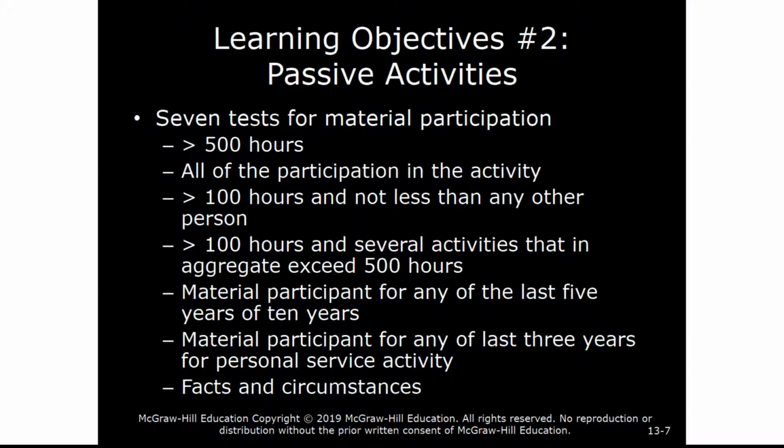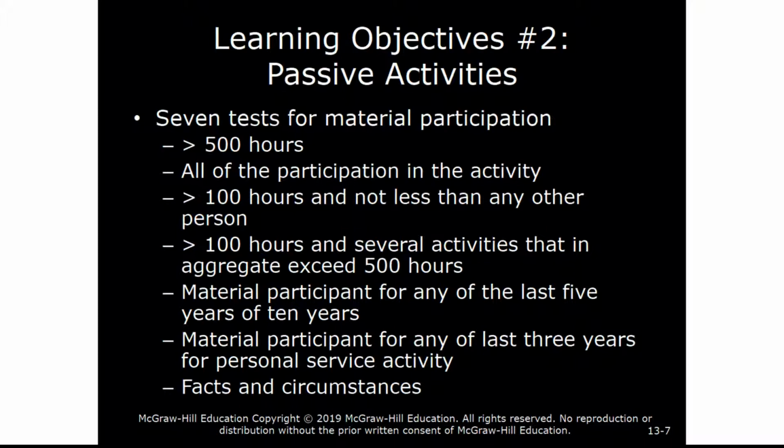The material participant for any of the last 5 years and material participant for any of the last 3 years for personal service activities, these are designed for people who at one time were active in the business but are no longer. Well, then they don't have to treat it as a passive activity if they qualify under either of these 2. And then finally a passive facts and circumstances.